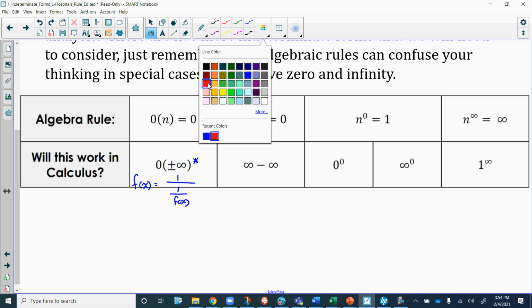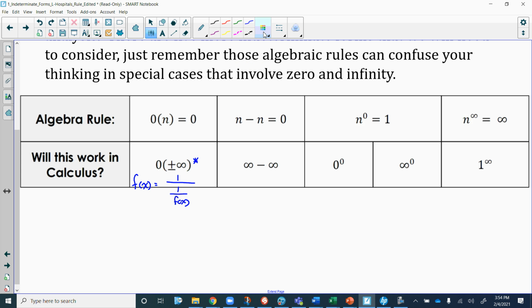The next one, here in the middle, is infinity minus infinity. Again, infinity is not a real value. It's a construct. It's an idea.